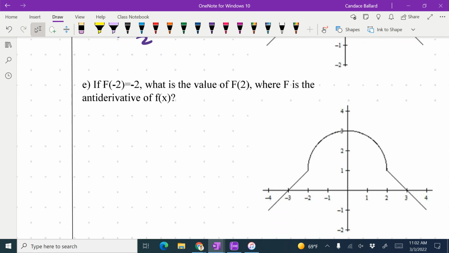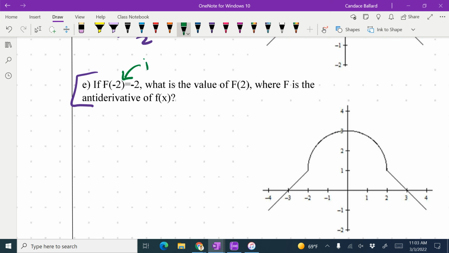Okay. Let's do the same thing on E. E is going to have another slightly different piece to it. All right, read E to yourself. What do we call that part, f of negative 2 equals 2, even though it didn't say 0?